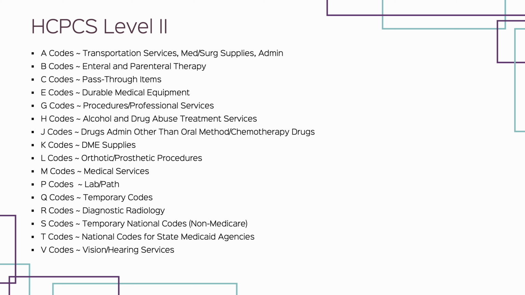These codes fall into two main types: permanent codes, which are reviewed annually and published in the HCPCS book, and temporary codes, which are often used for emerging technologies, services, or supplies, and may be added or deleted throughout the year. Understanding this structure is essential for accurate reporting, especially when working with payers like Medicare.